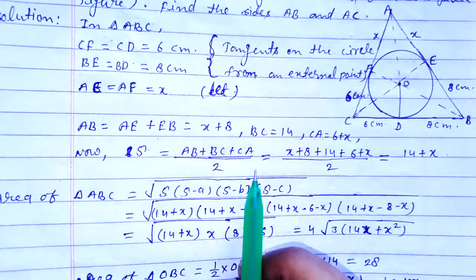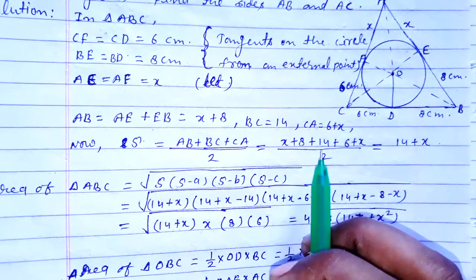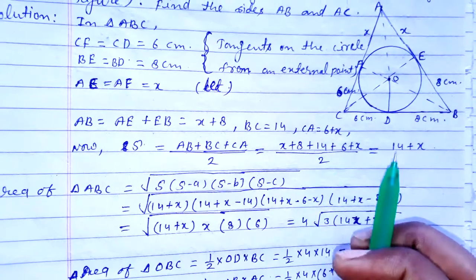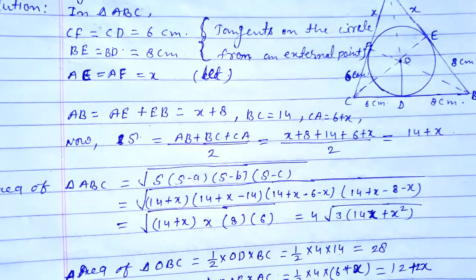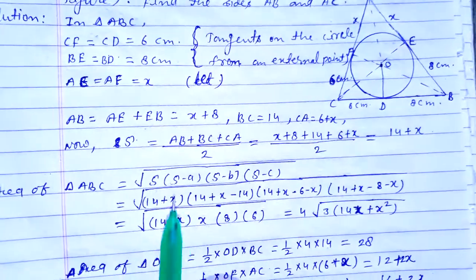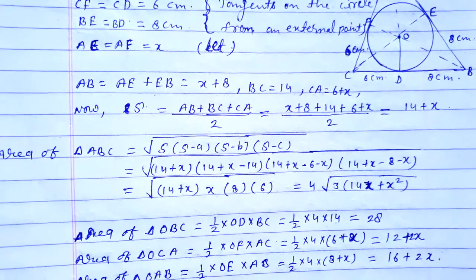So s is equal to (AB plus BC plus CA) upon 2. Put the values: x plus 8 plus 14 plus 6 plus x, so the total divided by 2 is 14 plus x. The area of triangle ABC by Heron's formula is the square root of s(s minus a)(s minus b)(s minus c).